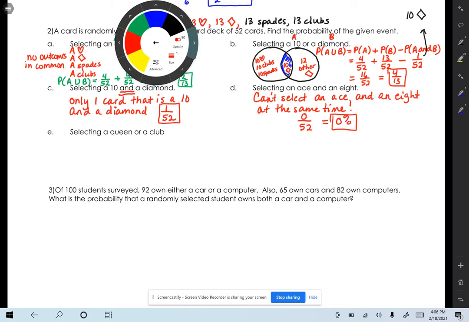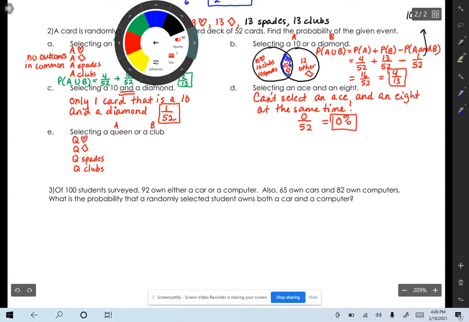And the last one for the cards, selecting a queen or a club. So you have a queen of hearts, queen of diamonds, queen of spades, and a queen of clubs.